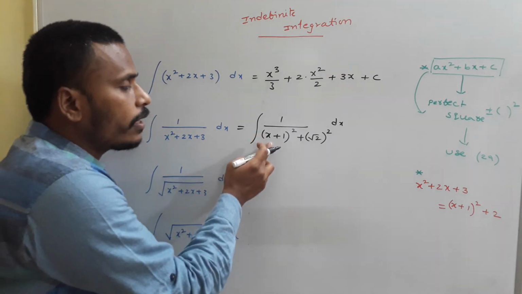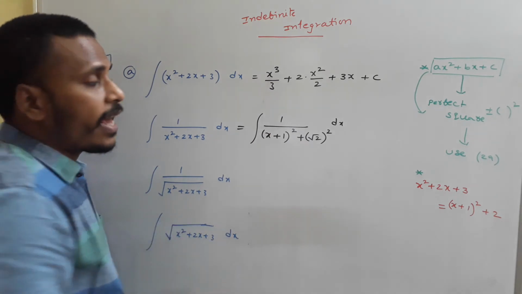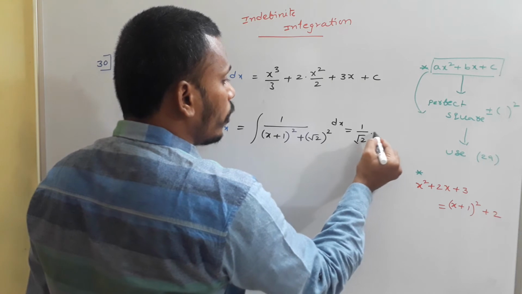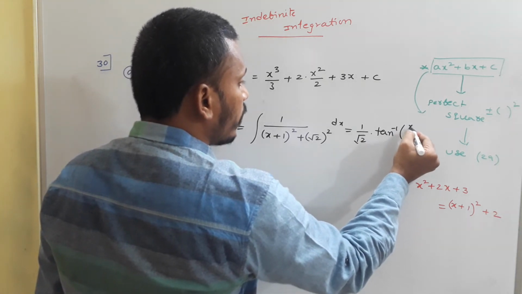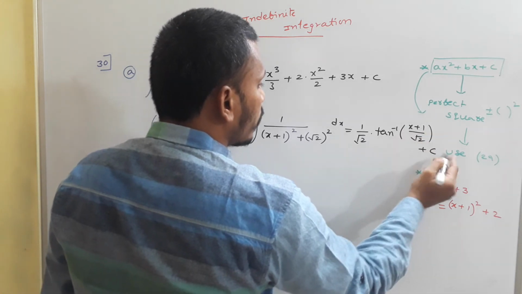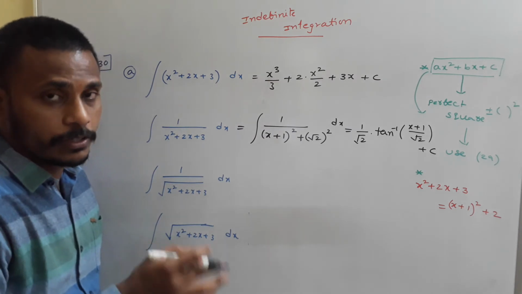And that's why integral 1 by t square plus a square is 1 by a tan inverse of t by a. So its answer is 1 by root 2 into tan inverse of (x plus 1) by root 2 plus c. So this is our answer for this bit.